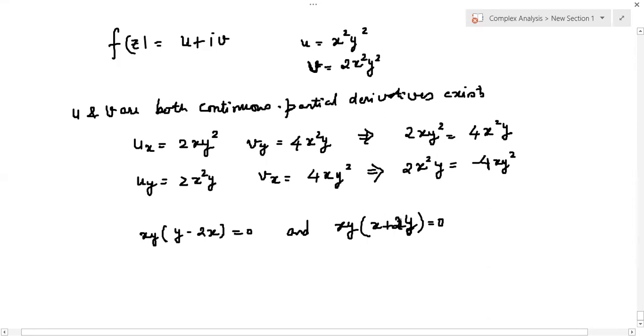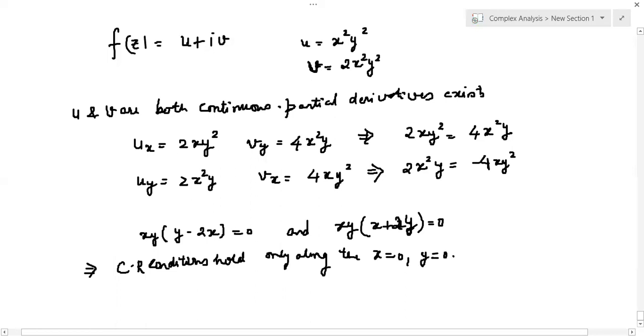So both these conditions clearly show that the CR conditions hold only along the lines x equal to 0 and y equal to 0.